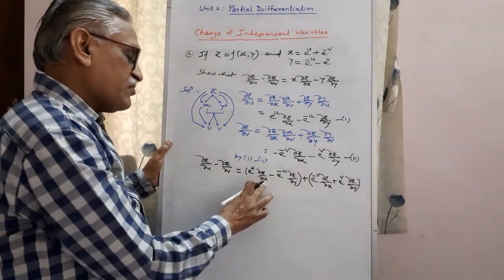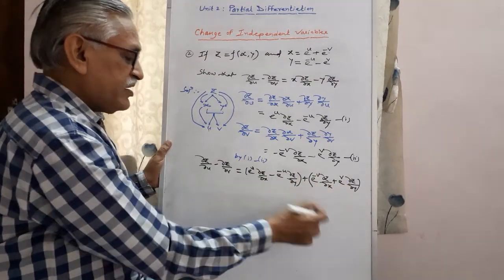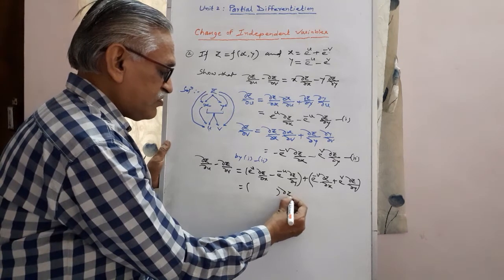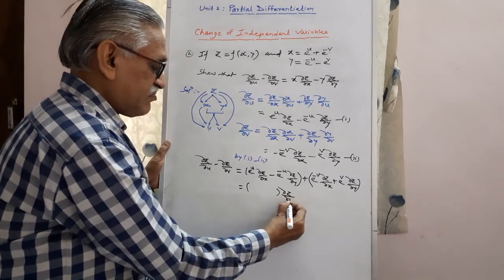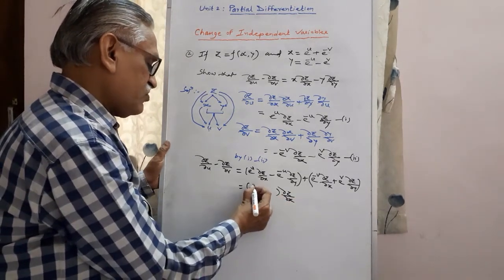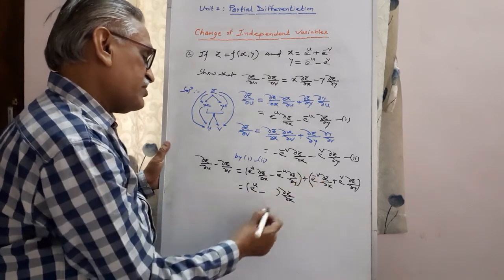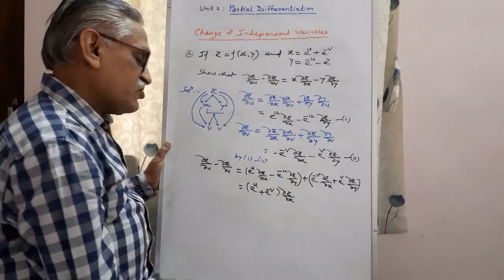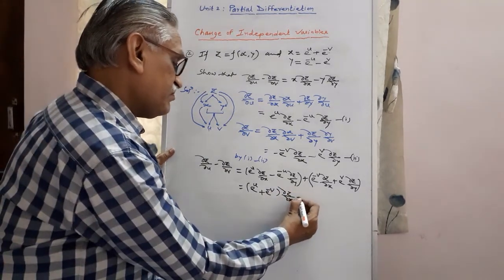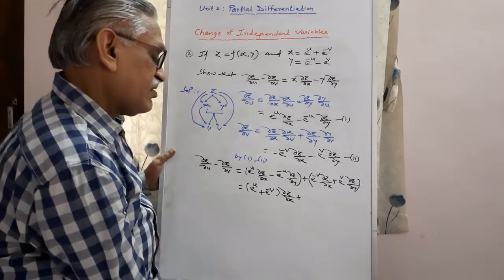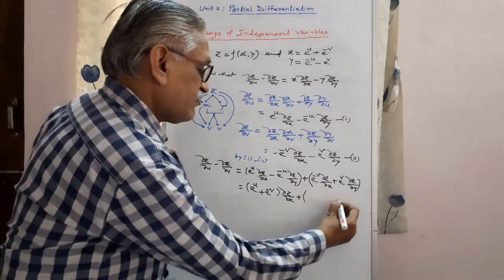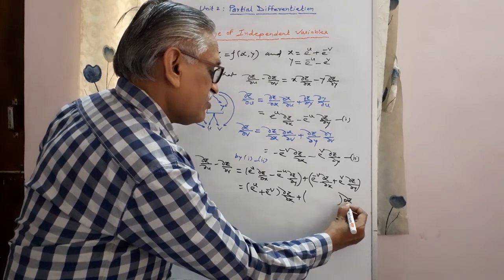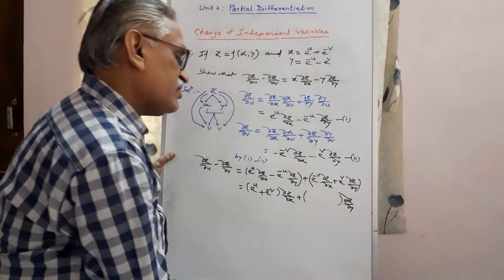There are two terms of dou z by dou x and dou z by dou y. Taking dou z by dou x common from these two, here it is e raised to u plus e raised to minus v, plus dou z by dou y, which I can take common.